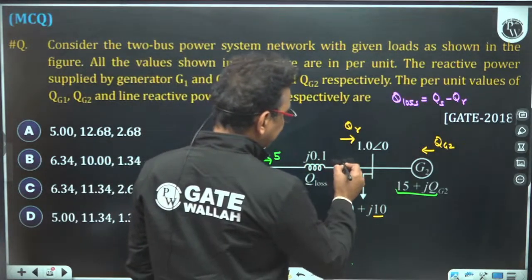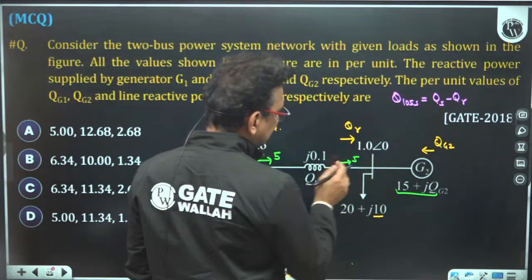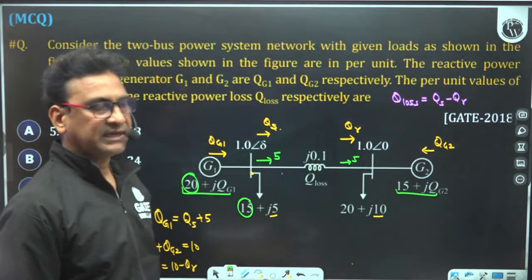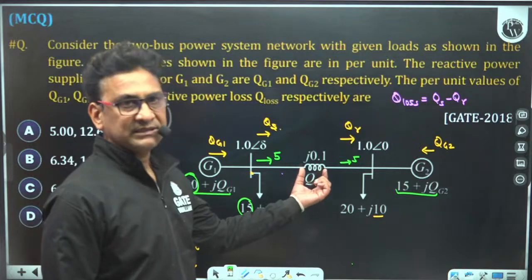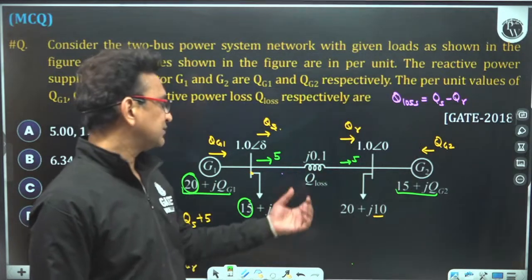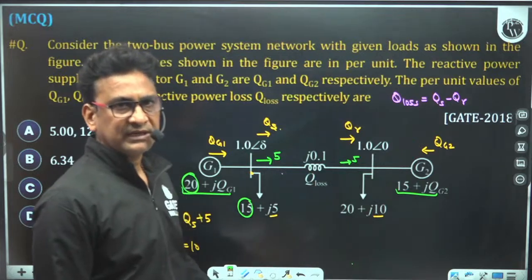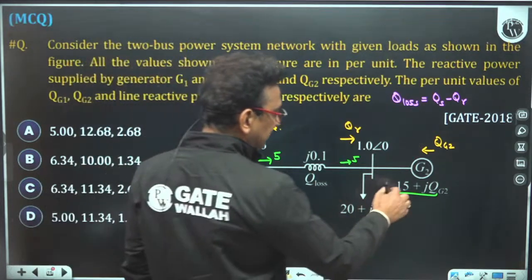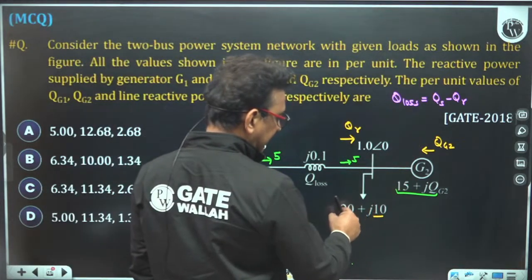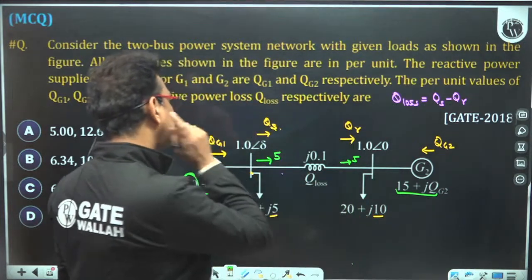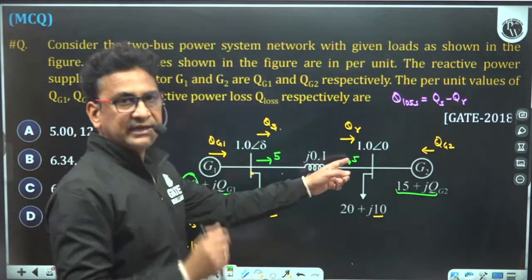This 5 active power will come here because this is a lossless line. There will be no active power loss in the transmission line. It does not have any resistance, it has only reactance. So there may be a loss of reactive power, but there would not be any loss of active power. The 15 and 5, the 20 active power, is going to this load. So the active power flowing from the sending end to the receiving end is 5.